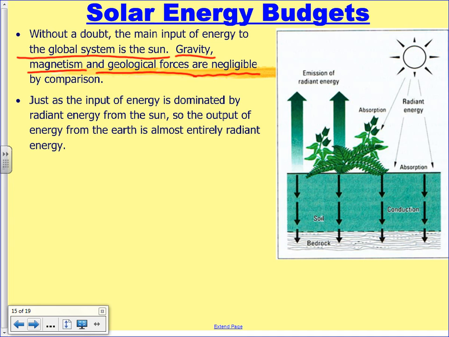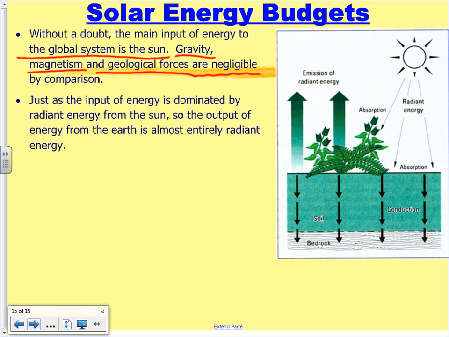So we can harness that a little bit. Magnetism, there's not too many things that actually use magnetism to generate power. Geological forces, we have some places that use geothermal energy. Iceland is a place that is primarily running on geothermal energy. But again, not a lot.